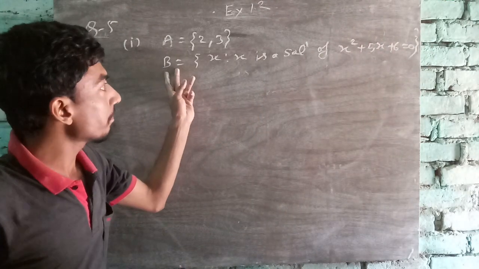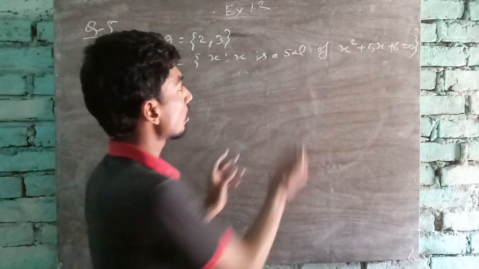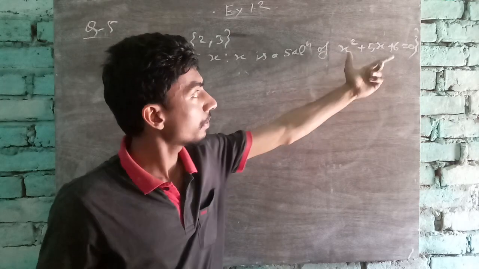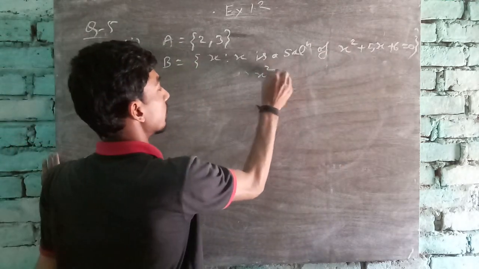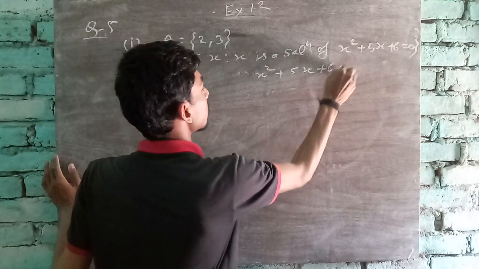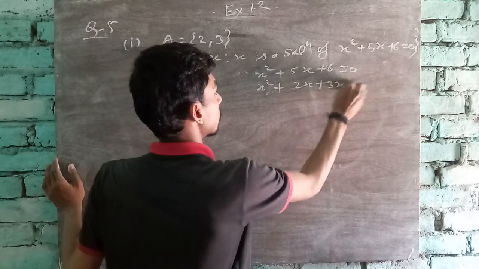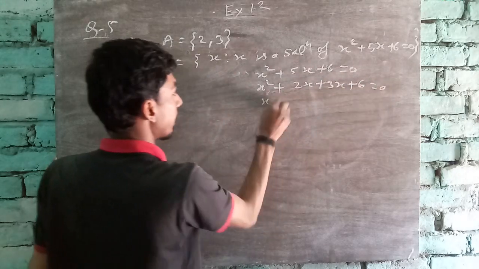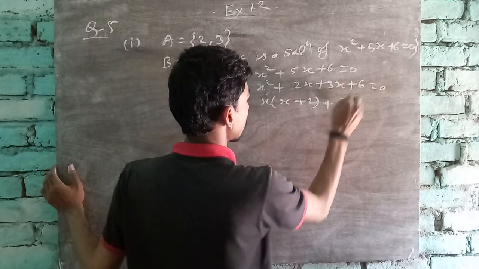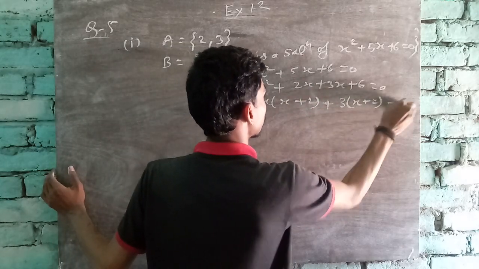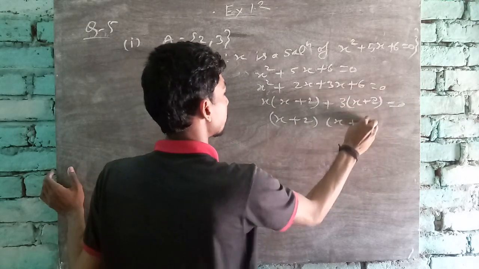जैसा कि जो B है ये सेट बिल्डर फॉर्म में दिया है, x is a solution of this quadratic, इसका सॉल्यूशन फाइंड कर लो. x स्क्वायर प्लस 5x प्लस 6, इसको ऐसे लिख सकते हैं, x कॉमन कर लो, x प्लस 2, यहाँ 3 कॉमन करो, x प्लस 2, x प्लस 2 और x प्लस 3 हो गया.